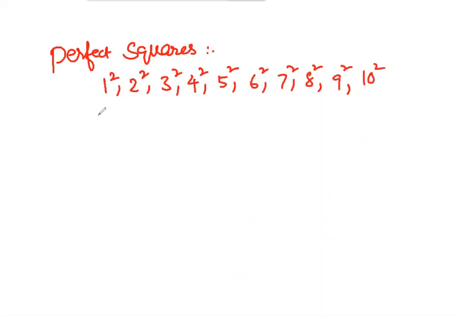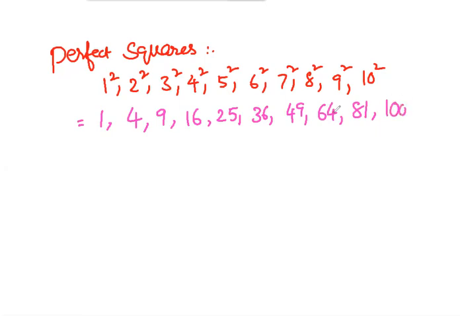That means 1, 4, 3 square 9, 4 square 16, 5 square 25, 6 square 36, 7 square 49, 8 square 64, 9 square 81, 10 square 100. These are the perfect squares between 1 to 100.